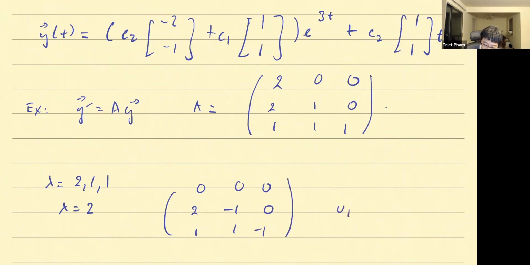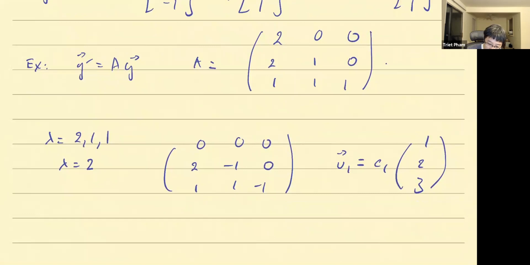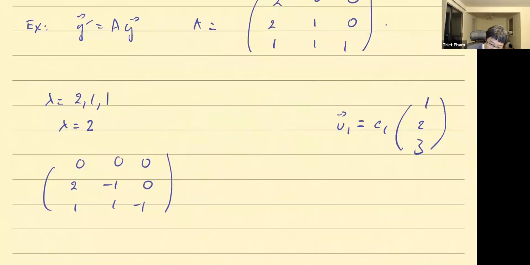And so my V1, normally I would write it as C1 here. It doesn't hurt because it's not involved with the business of repeated eigenvalues, but let's just, out of principle, do this. It should be that this matrix times V1 is equal to 0. So V1 is this.